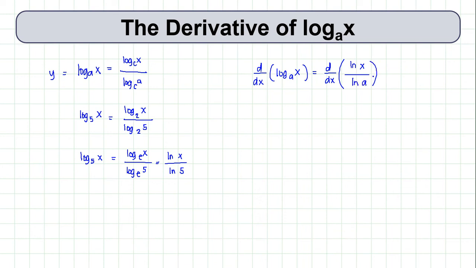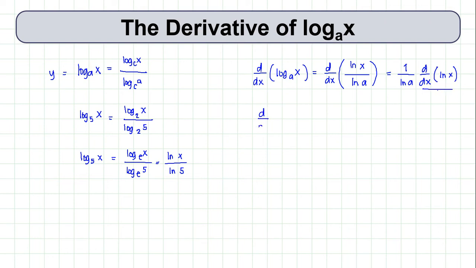Yun yung sinasabi sa algebra or pagkapalit ng mga variables. And in this case, pwede natin i-factor out yung a. This will now become 1 over ln of a times the derivative with respect to x ng ln of x. Di ba alam na natin yung formula na to?